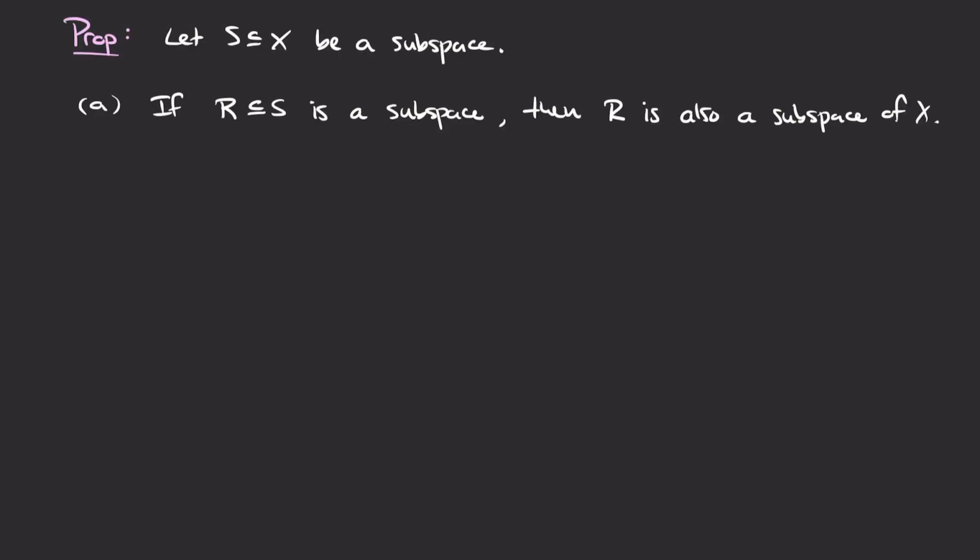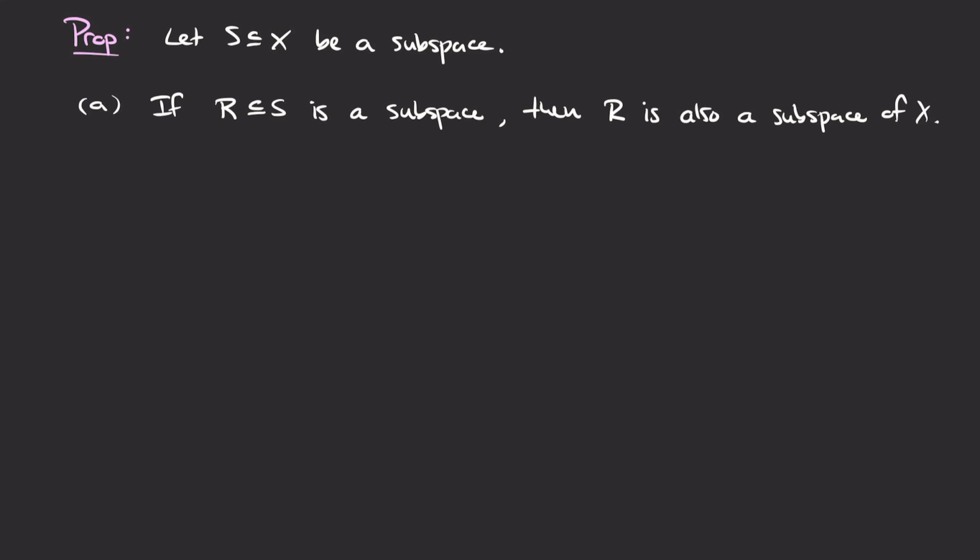Finally, the following proposition summarizes some important properties of the subspace topology. So for this, we let S again be a subspace of a topological space X, considered with the subspace topology. Part A concerns taking iterated subspaces.